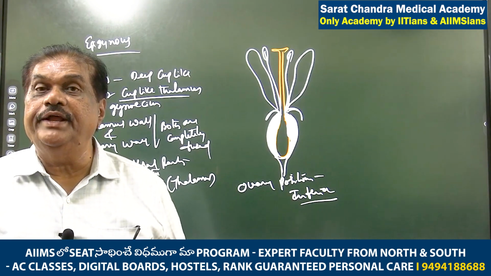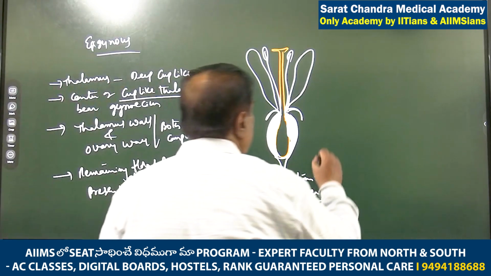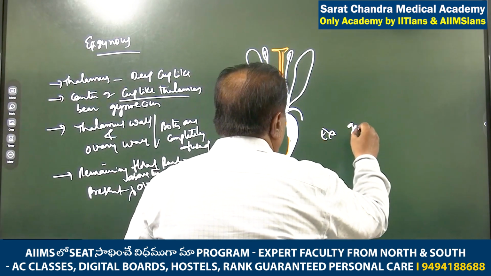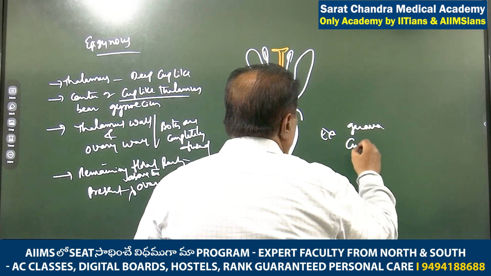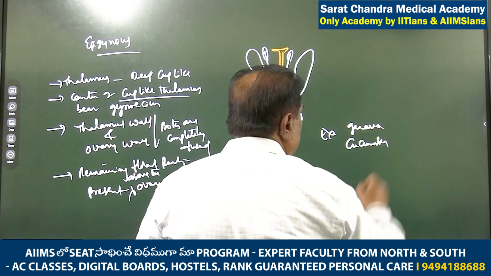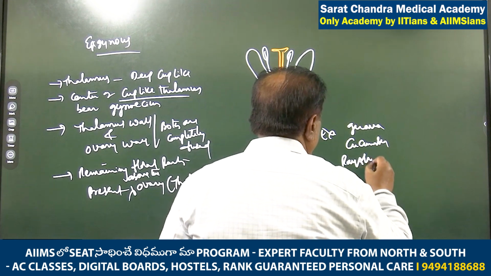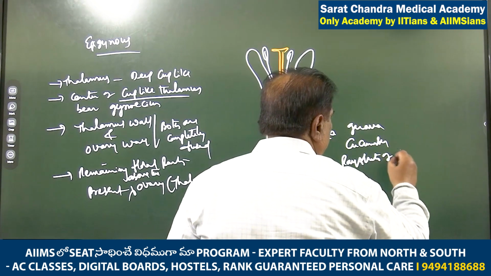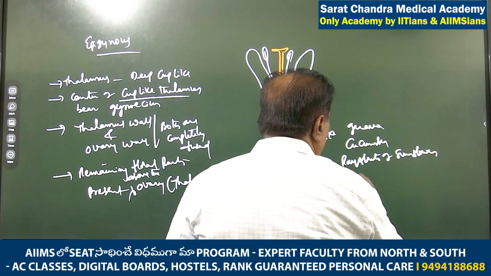Epigynous flowers with inferior ovary can be observed in guava, cucumber, ray florets of sunflower and also disc florets of sunflower.